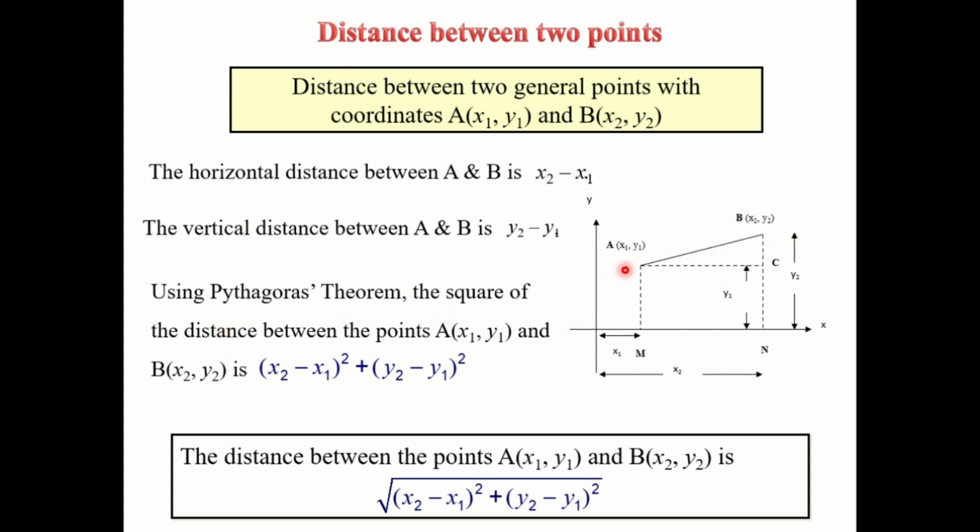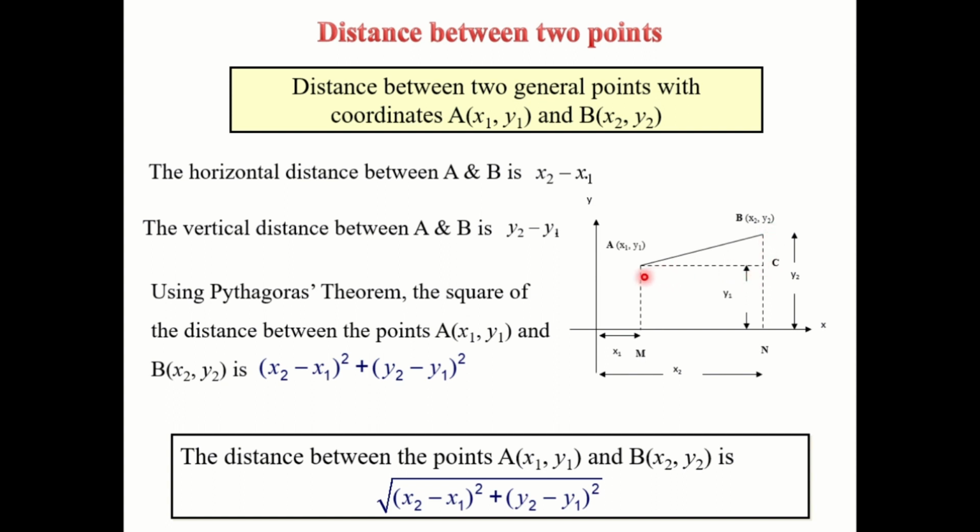If we apply the Pythagoras theorem to this right angle triangle ACB, then AB square is equal to AC square plus BC square. Right? This is the Pythagoras theorem.